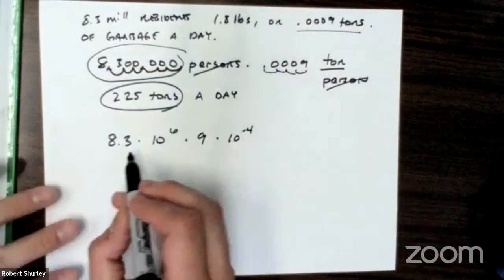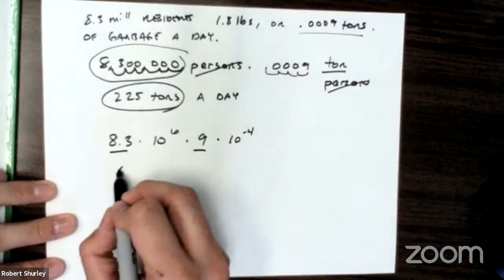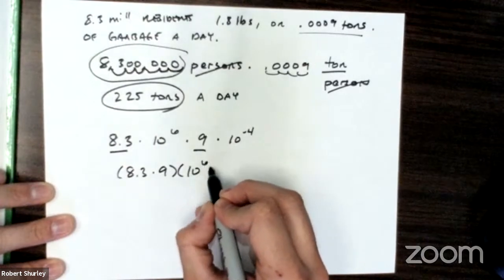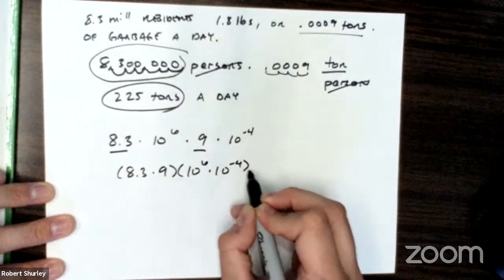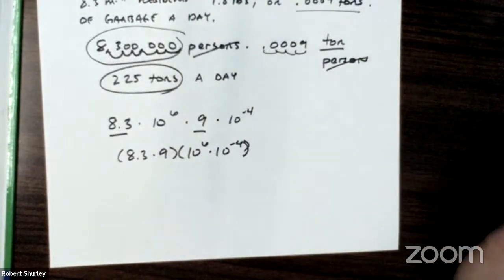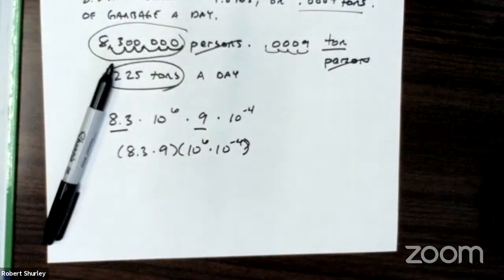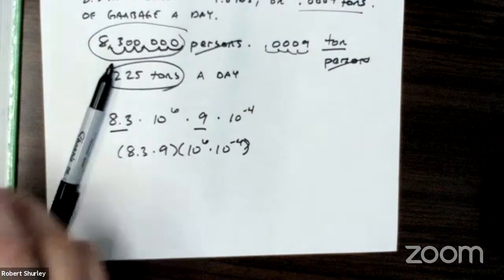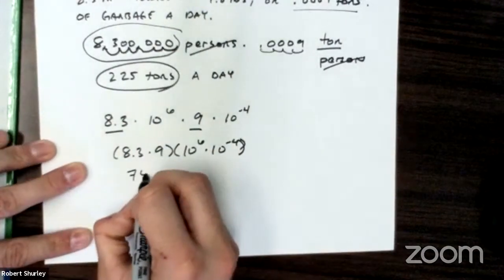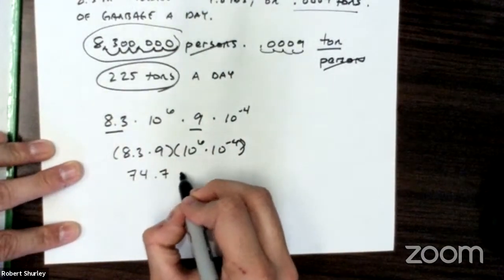And what's kind of neat is you can multiply the 8.3 times 9 and the 10 to the 6 times 10 to the negative 4. Well, 8.3 times 9, which I still need a calculator for. Oh, I got 74.7 times.